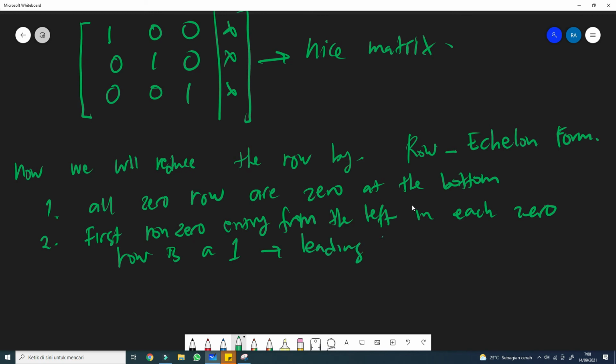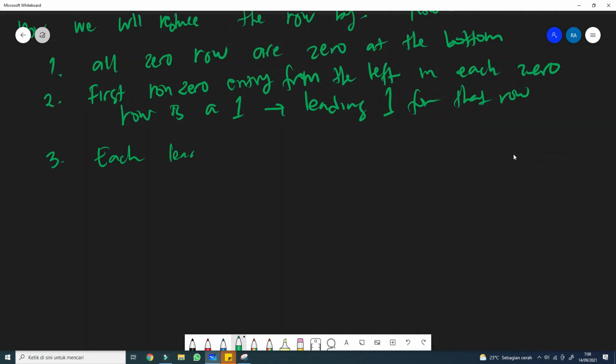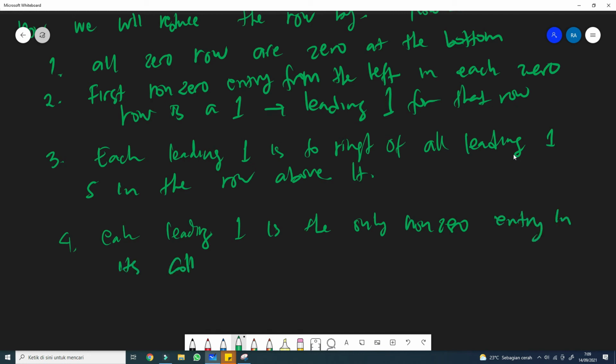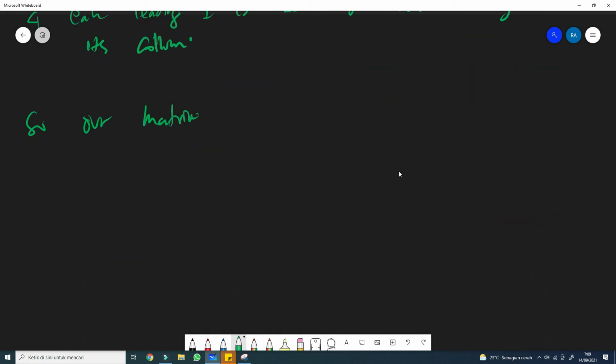It's called the leading one for that row. Third, each leading one is to the right of all leading ones in the rows above it. Fourth, each leading one is the only non-zero entry in its column.